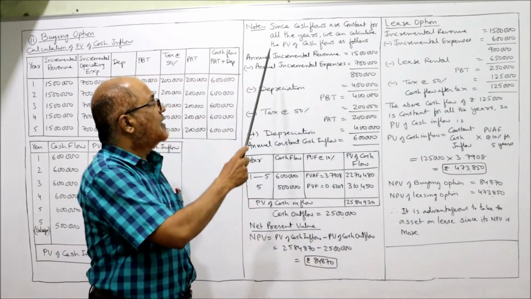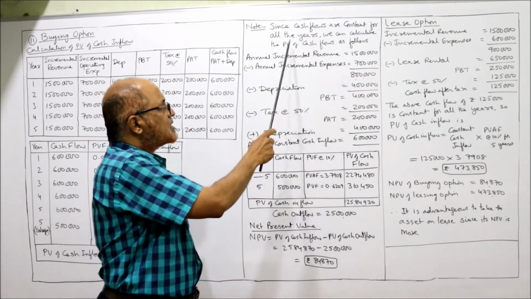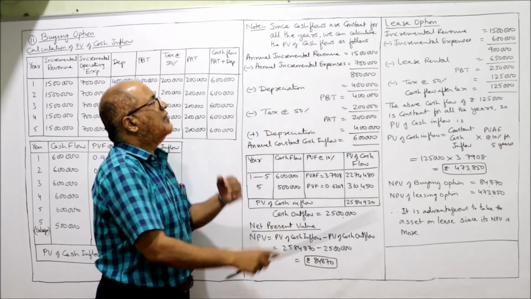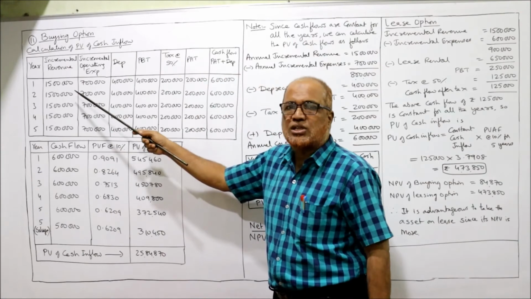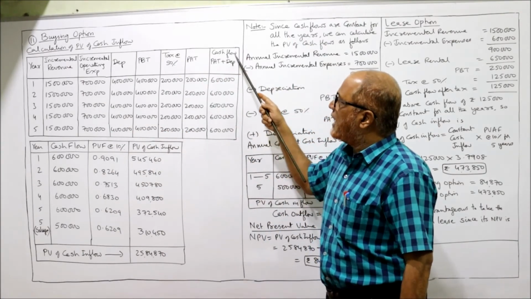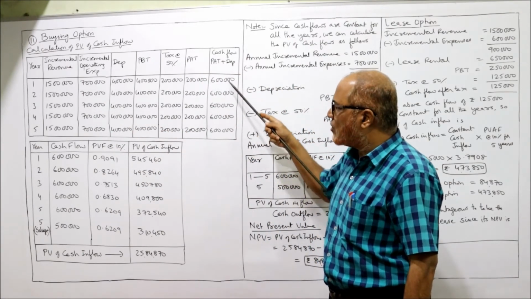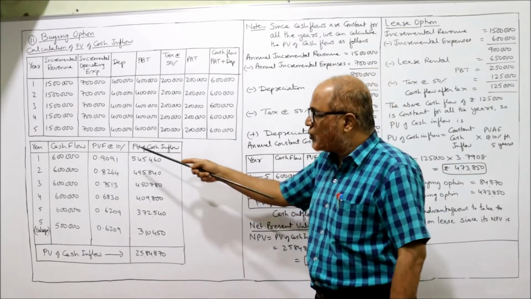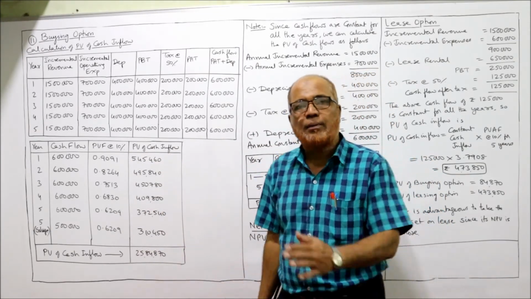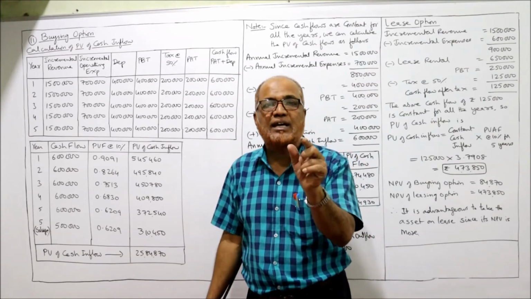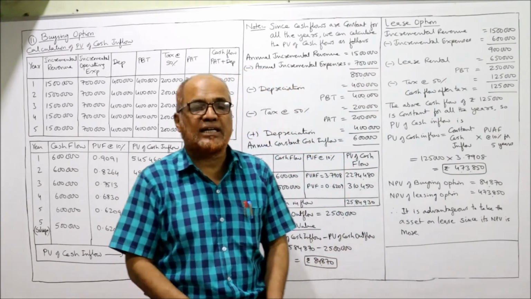Since cash inflows are constant for all the years, we can calculate the PV of cash flows as follows. Here you can see the cash flows are 6 lakh, 6 lakh, 6 lakh, constant. So why find the PV of cash inflow using this table? We can use the shortcut method if the cash inflows are constant.